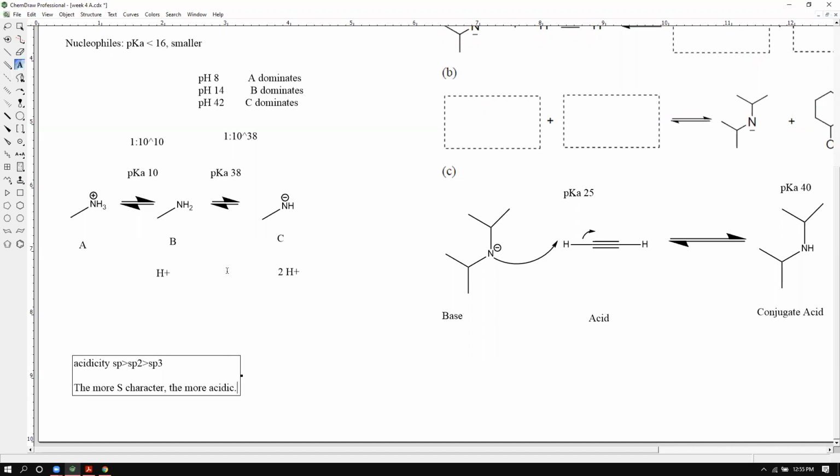And I like to think of it as the more S character you have, the more the electron density between the carbon and the hydrogen, an example, the more it pulls it away from the proton because it's going to be closer to the nucleus because it's more S, right? S is the orbital that is directly around the atom, okay? With P's, it's further out there. So I like to think of it as CH.